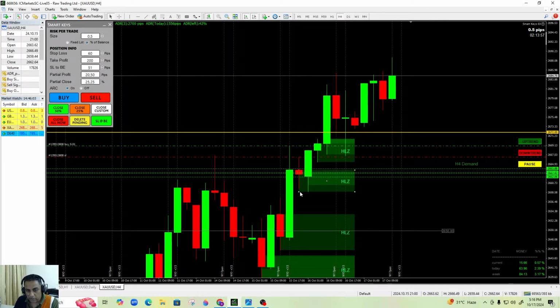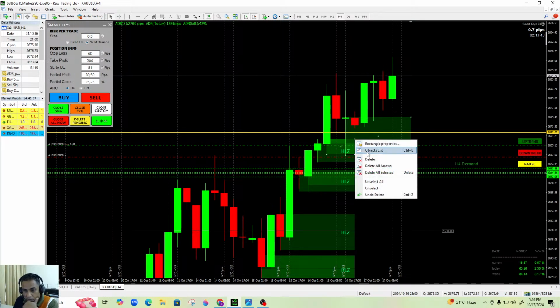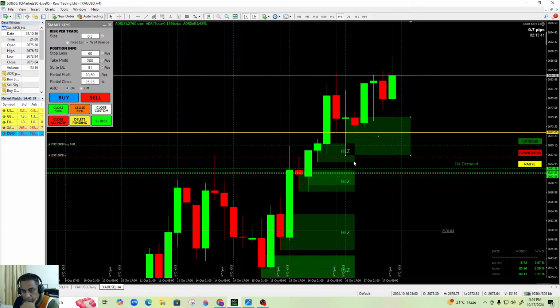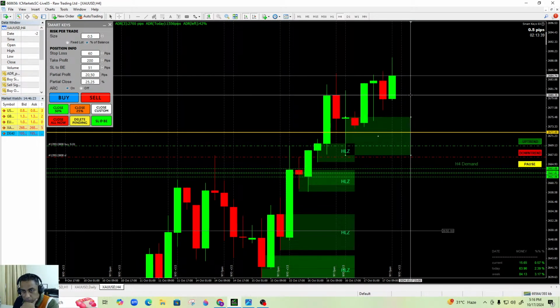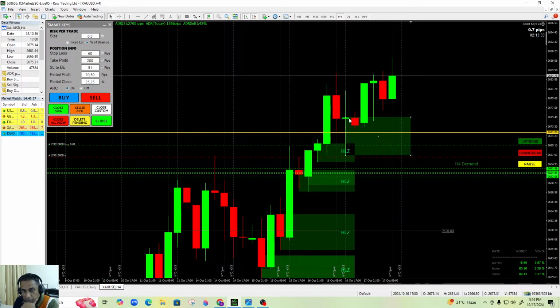So there is demand right here. There's a drop, and there's a base right there. This is also a demand: three basing candles and a rally.